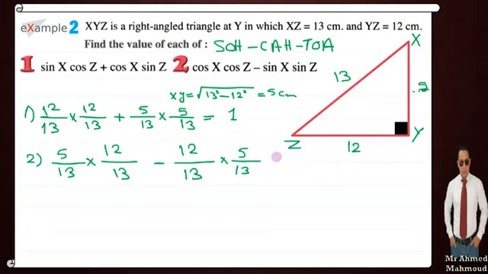By using the calculator, this one equals 0.